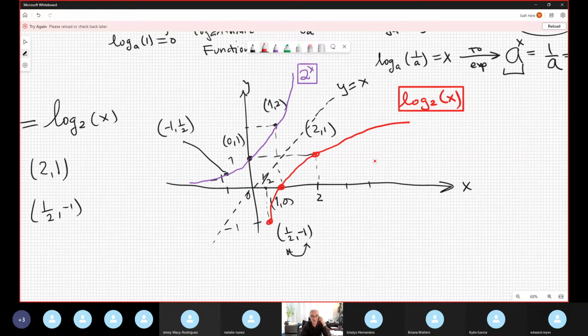Oh, one more thing, important. I know very well that we have a horizontal asymptote here for the exponential. The exponential always has a mandatory horizontal asymptote at y equals 0. But remember, in the inverse function, the horizontal asymptote is converted to a vertical asymptote. So we have, in red color, one vertical asymptote for the logarithmic, at x equals 0.